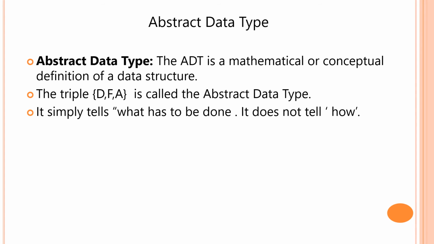Because it is simply a conceptual specification of the data structure, it only gives the logical properties and operations of the data type without giving any details about the implementation. In simple language, we can say that the ADT only tells us what is to be done, and it does not tell how it should be done.